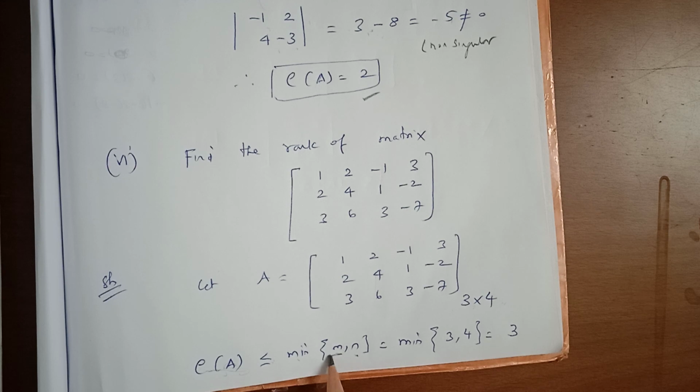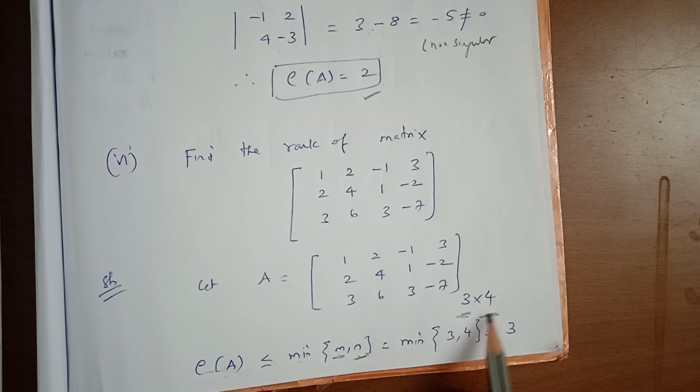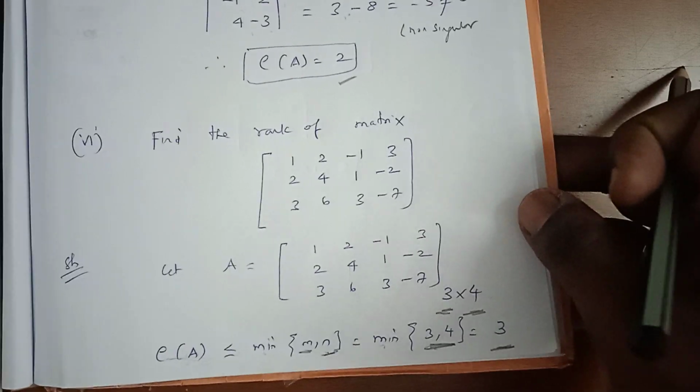M means row, n means column. So minimum of 3 rows and 4 columns, which one is minimum? 3 is the minimum.